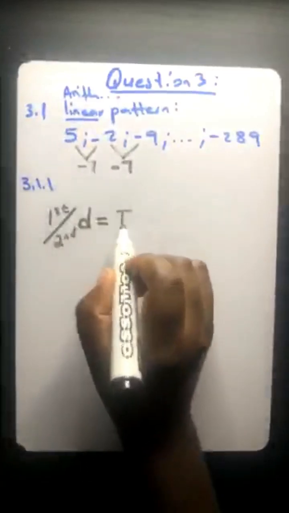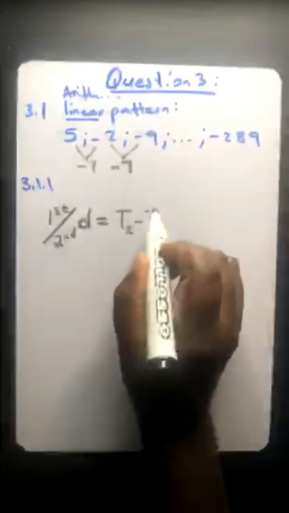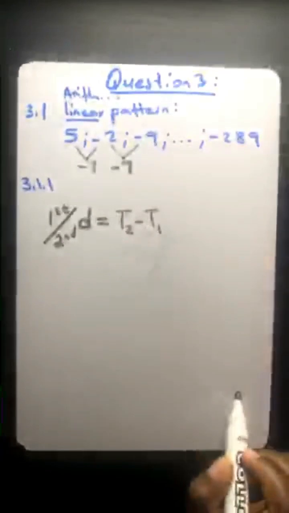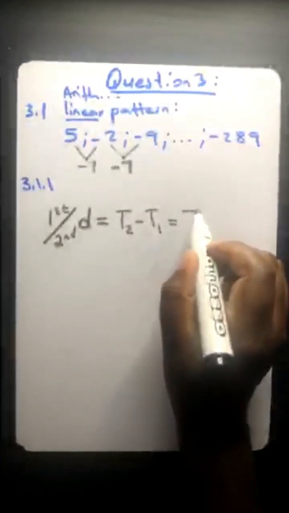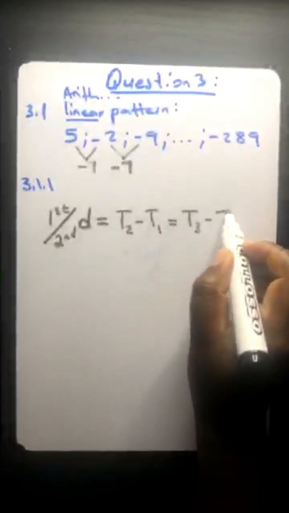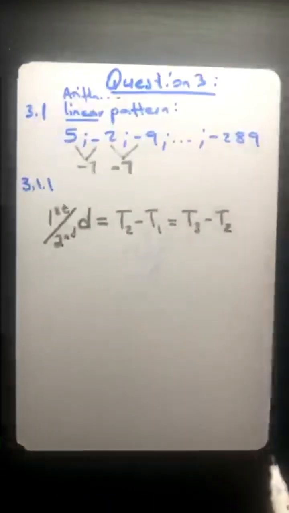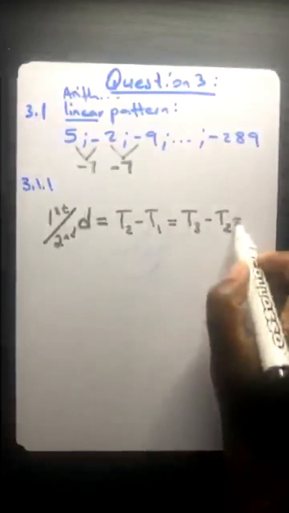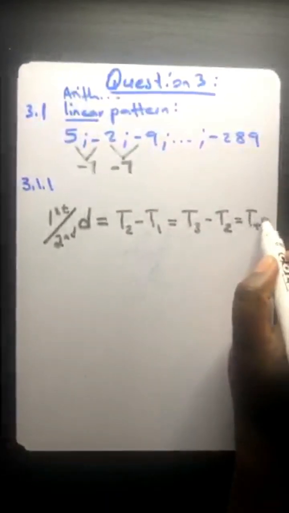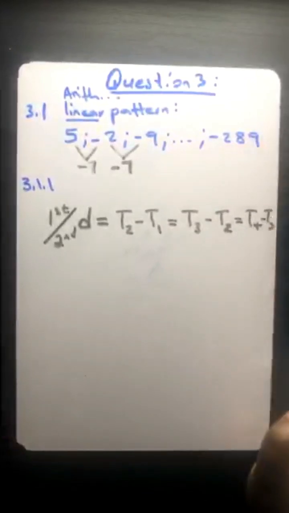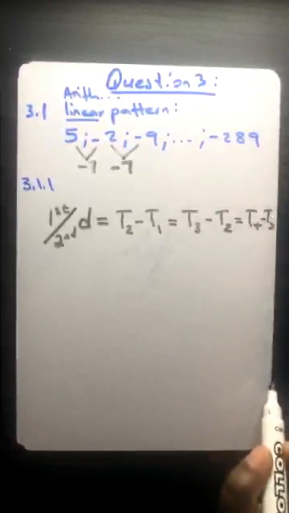You say term number 2 minus term number 1. If you want to use term number 3, then you say term number 3 minus term number 2. If you want to use term number 4, you say term number 4 minus term number 3. It doesn't matter, as long as you take this number and subtract the previous number.